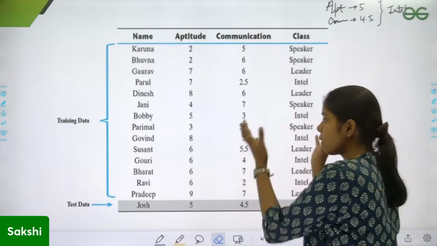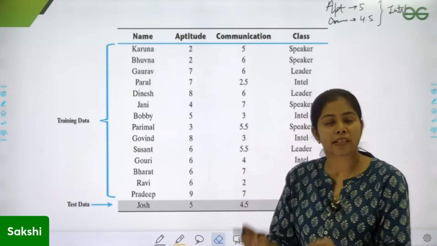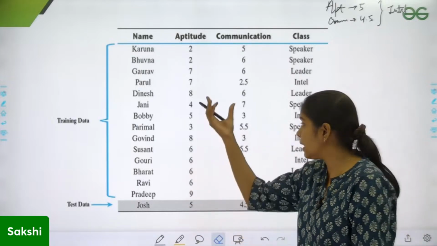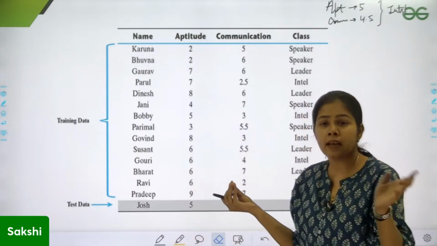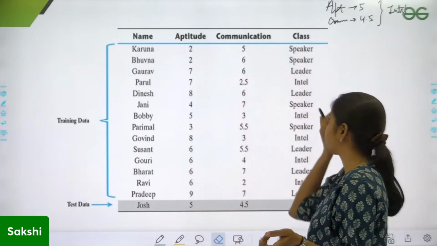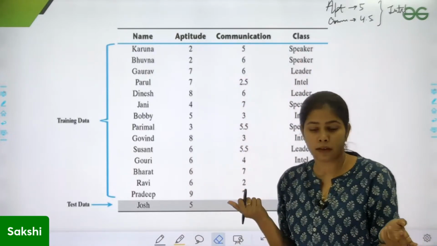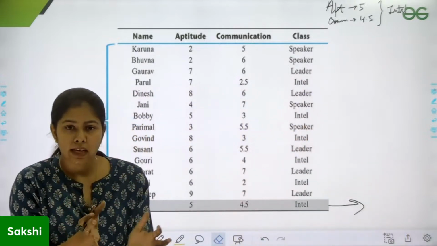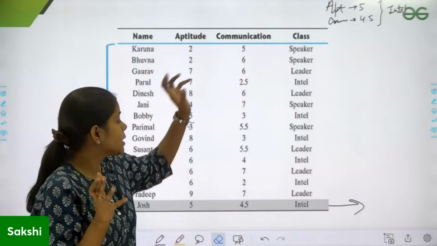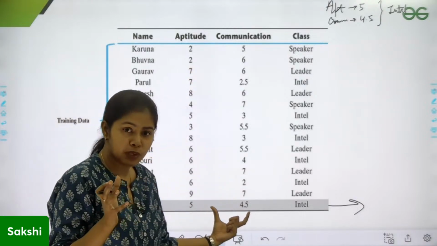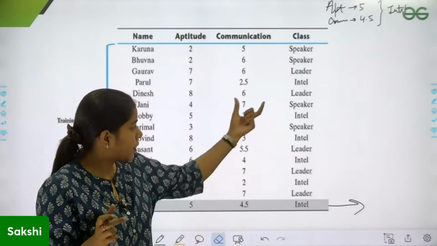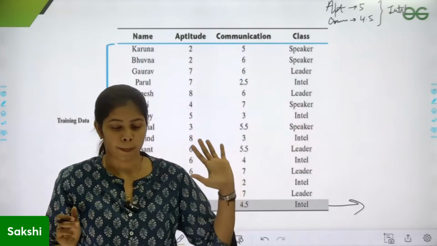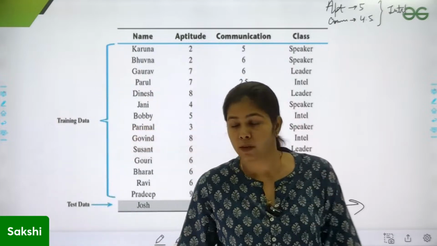So I'll take the 7 closest neighbors, or if the value of k is 3, I'll take 3 nearest neighbors, and I'll see which category is maximum: speaker, intel, or leader. If the maximum number of students in that neighborhood is speaker, then I'll classify this point as speaker according to my algorithm. Otherwise leader, otherwise intel. I hope this thing is clear.